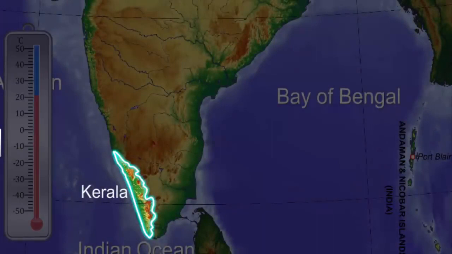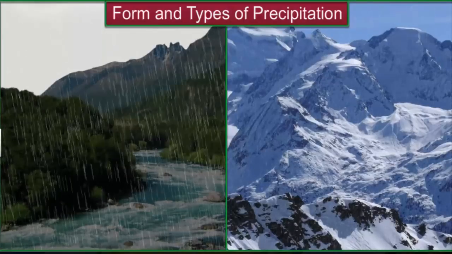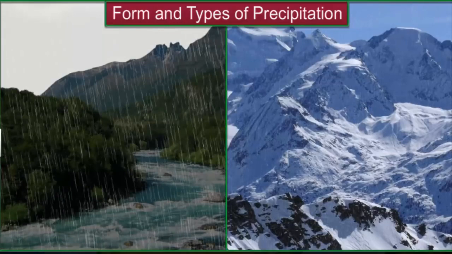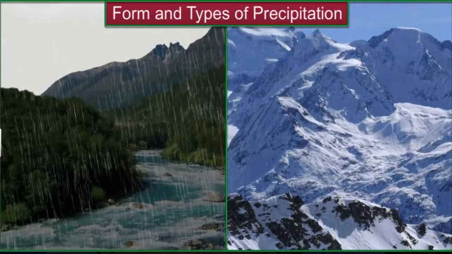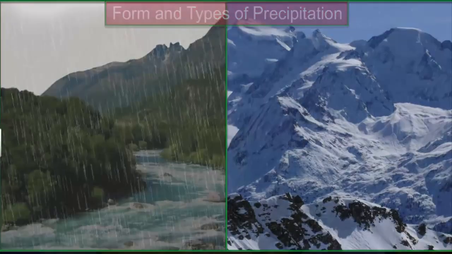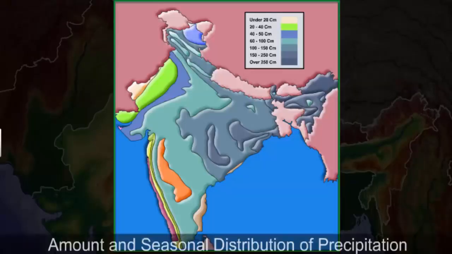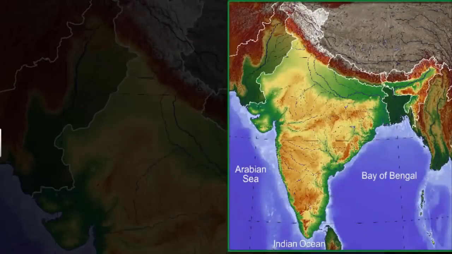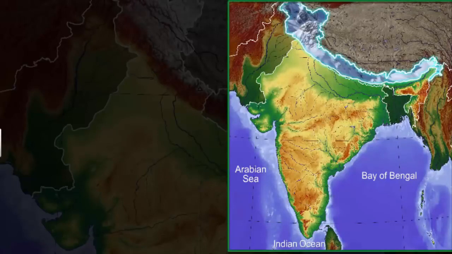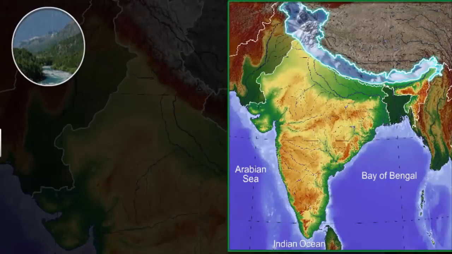Similarly, the precipitation or rainfall in India varies not only in its form and types, but also in its amount and seasonal distribution. In the upper parts of the Himalayas, precipitation is mostly in the form of snowfall, whereas the remaining parts of the country receive rains.